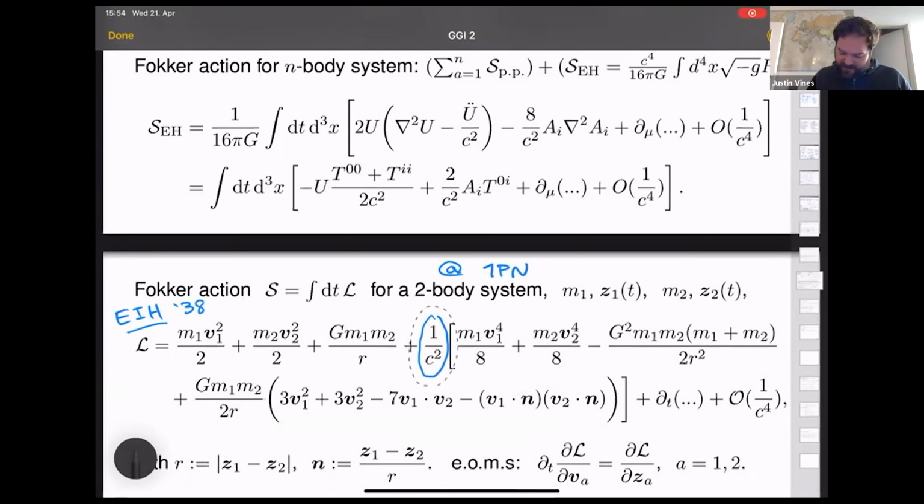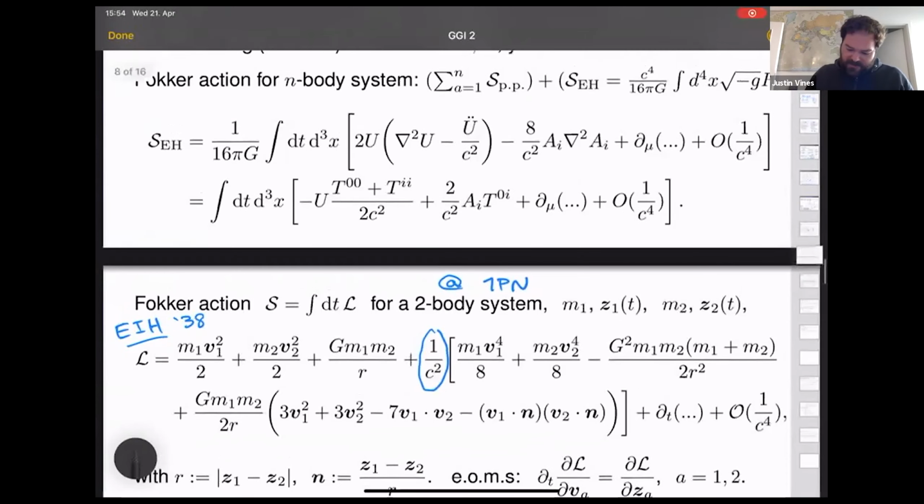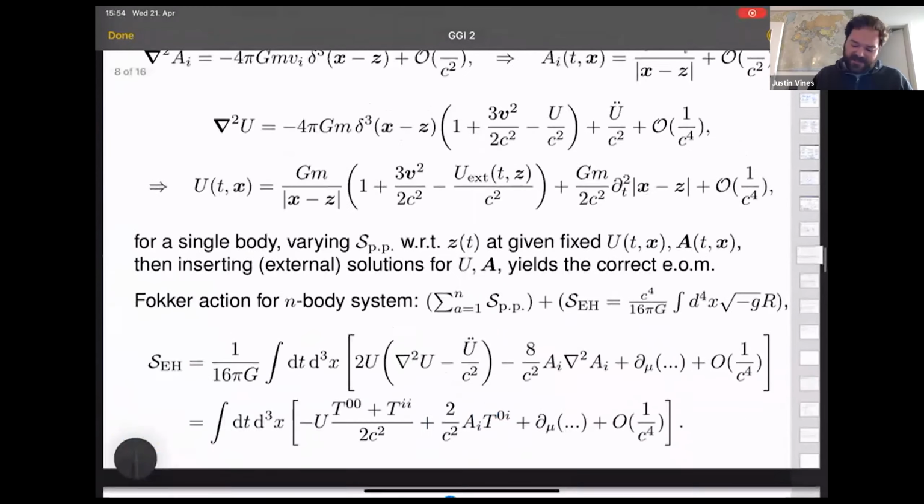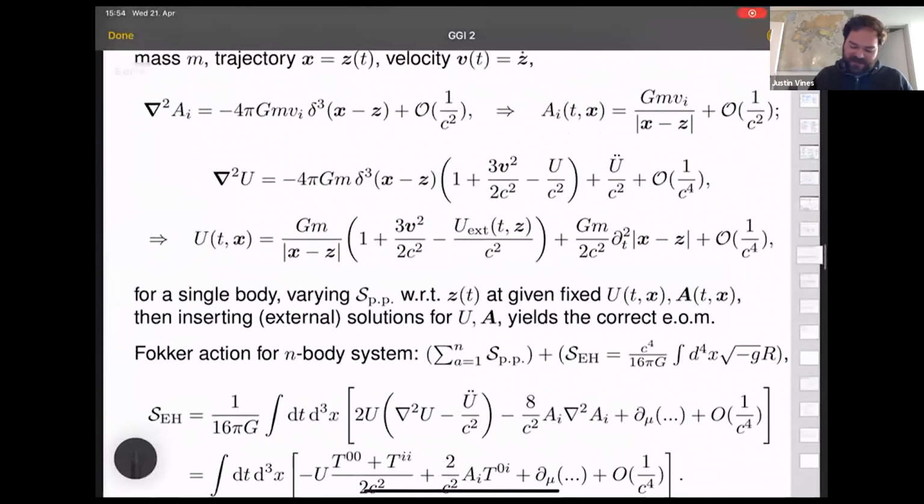Using exactly these solutions to the field equations, you notice here that if you expand this part of the solution out, there are two time derivatives.